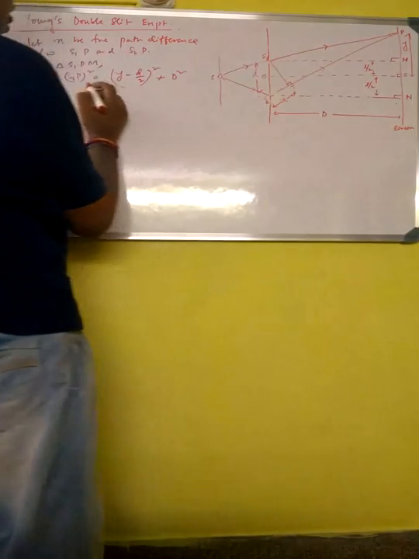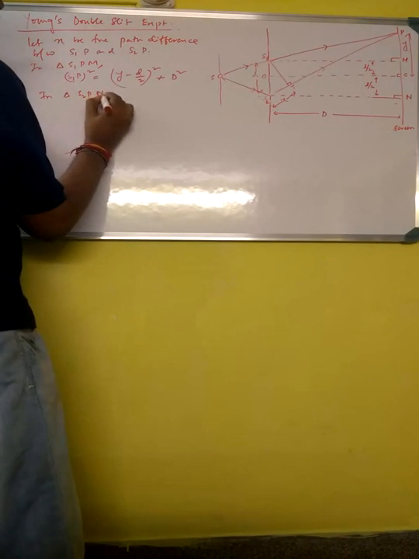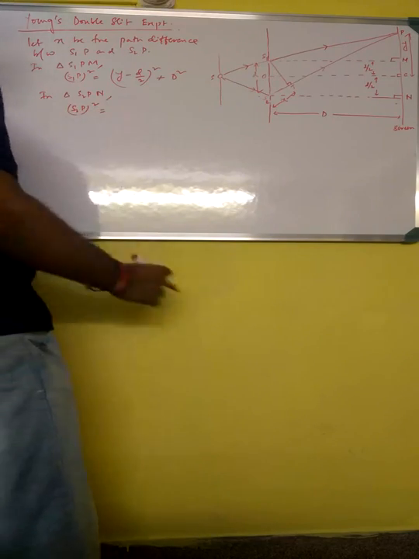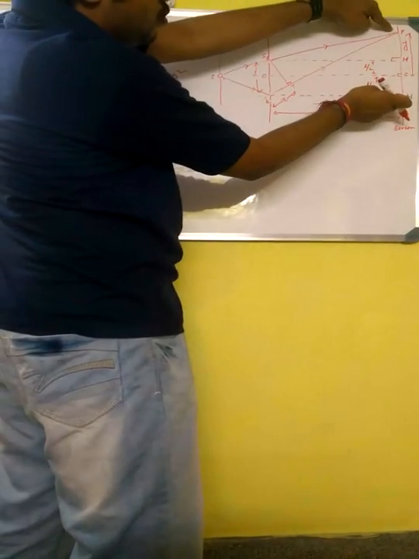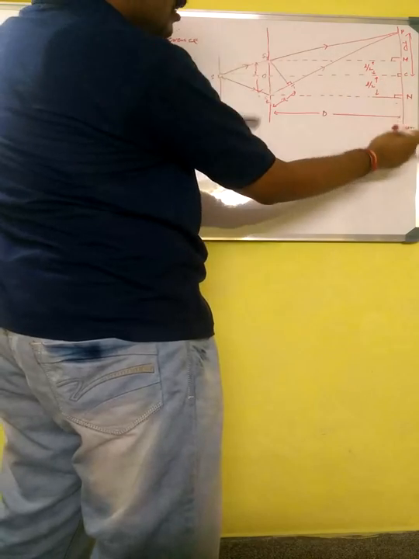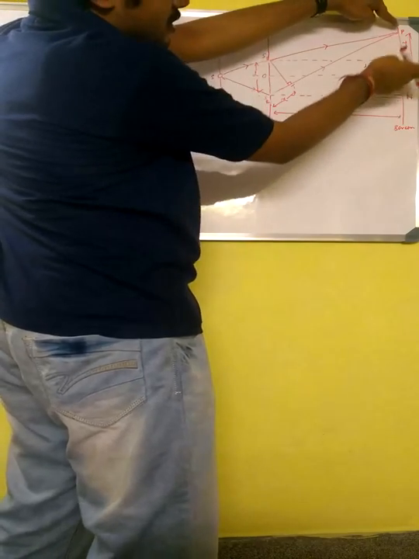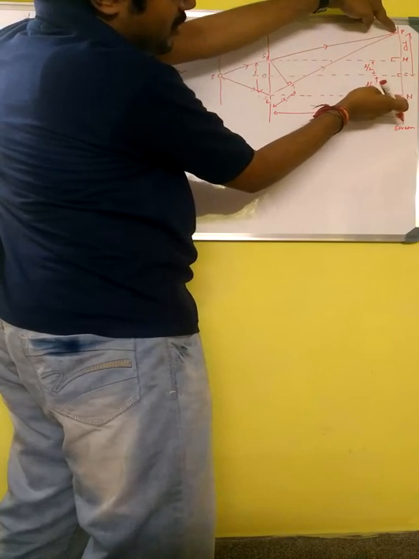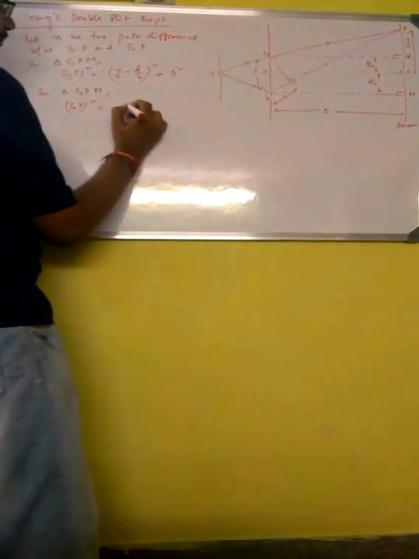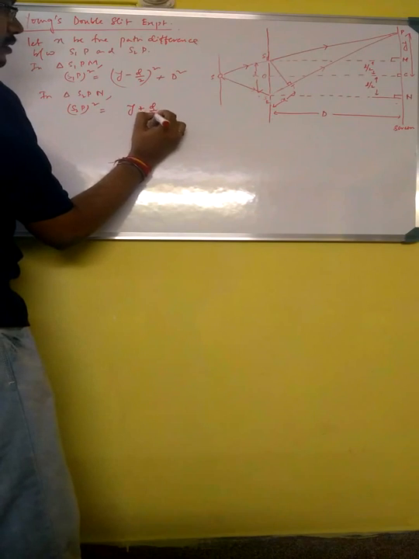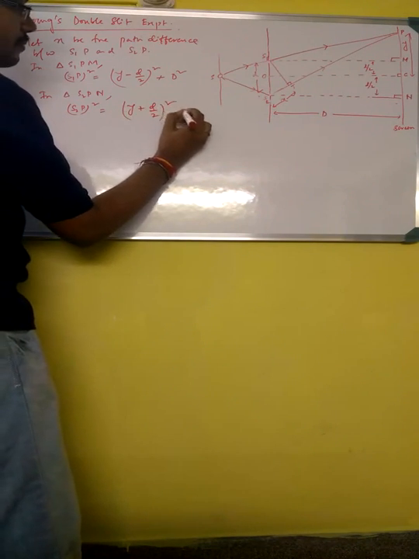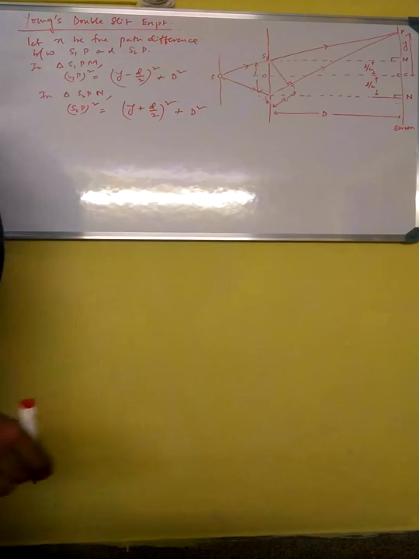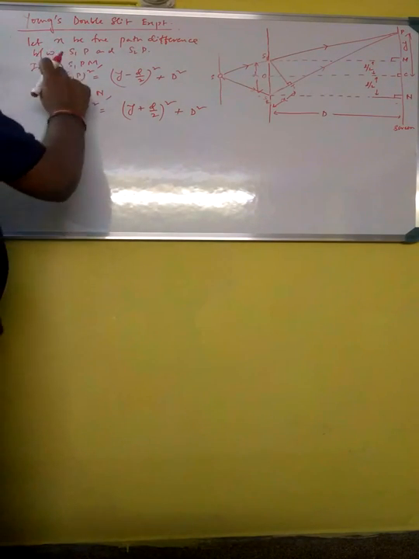In triangle S2PN, S2P squared is equal to this length squared plus this length squared. This is y plus d by 2, which gives us the length PN, so y plus d by 2 whole squared, plus D squared.